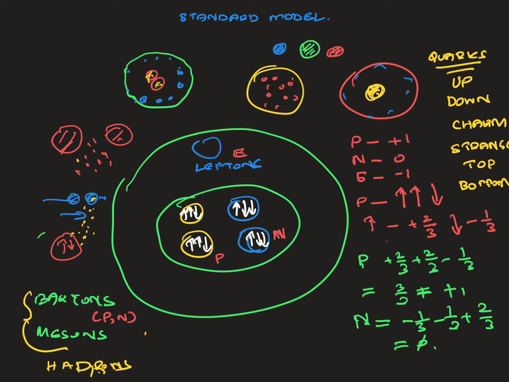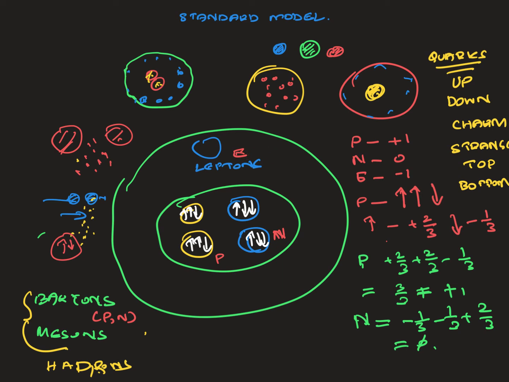So hadrons are baryons and mesons. Baryons, we know, are neutrons and protons, and mesons are particles that we're not going to discuss here, but they contain 2 quarks. Electrons are leptons, but there are other leptons as well. We have muons and tau.